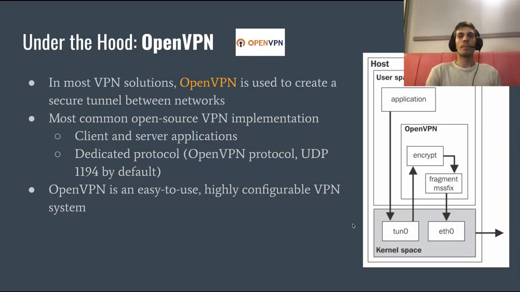So OpenVPN is a great implementation for a VPN. It's very easy to use and a highly configurable VPN system, and that's why many remote access solutions don't implement the VPN protocol themselves, but use OpenVPN as a black box, out of the box, which saves them a great amount of time.